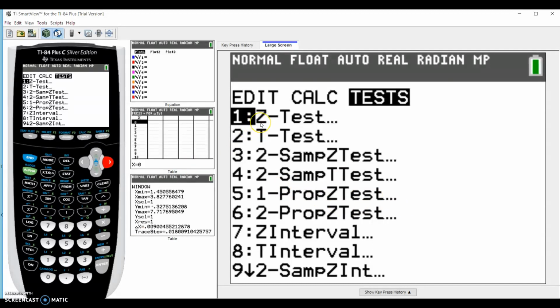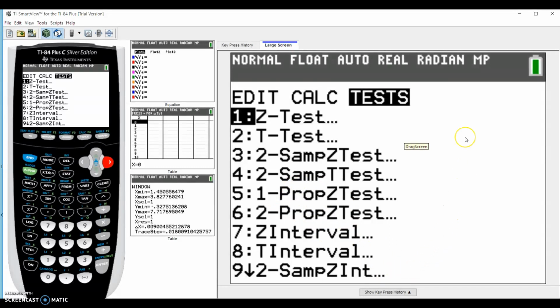The z-test for means we would only use if we know the population standard deviation, which we almost never know. So you're probably never going to use number 1, number 3, number 5. Oh, wait, sorry, number 5 is a proportion, that's okay. Number 7 you wouldn't use, or number 9.